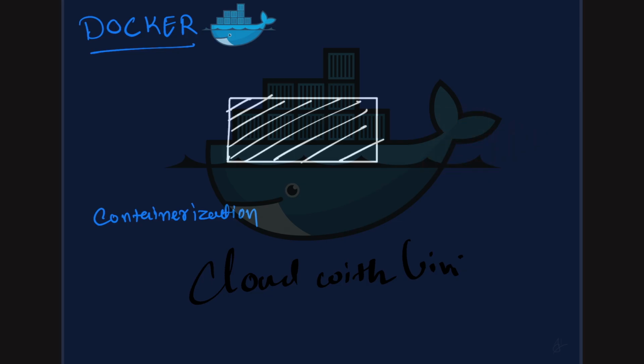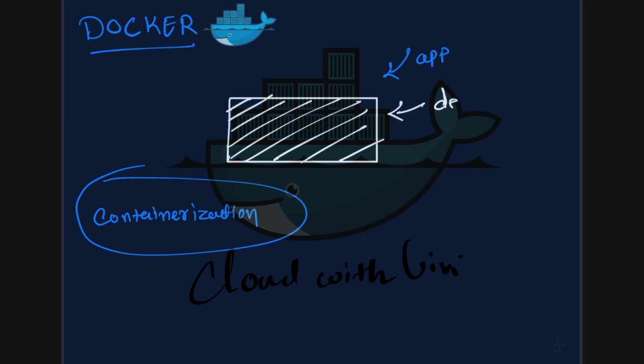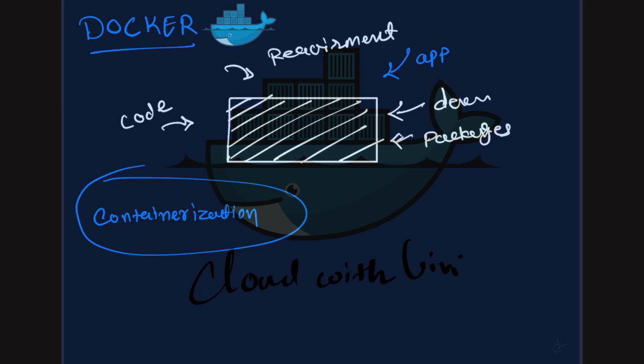In technical terms, Docker is a containerization tool where you pack your application, with all the dependencies, all the packages, all the code, all the requirements and versions, and you just need to put this into a registry.